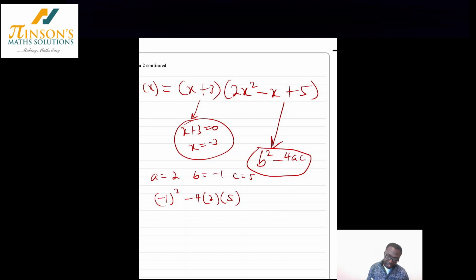Okay, so that gives me positive 1. That gives me minus 40, and our answer is minus 39, which is less than 0.